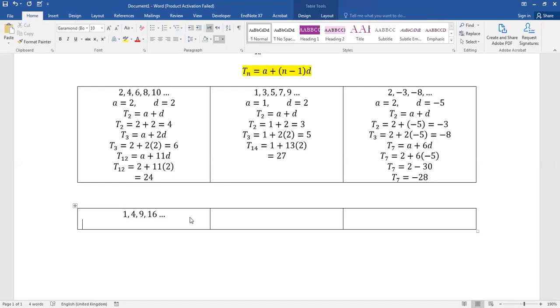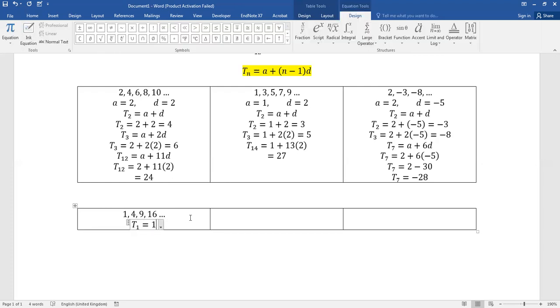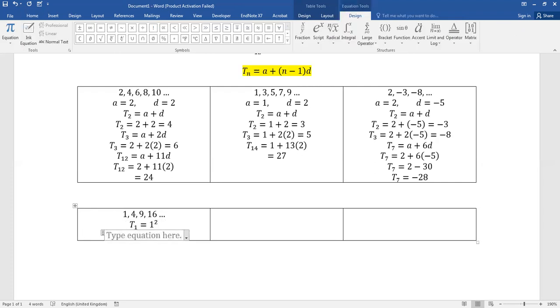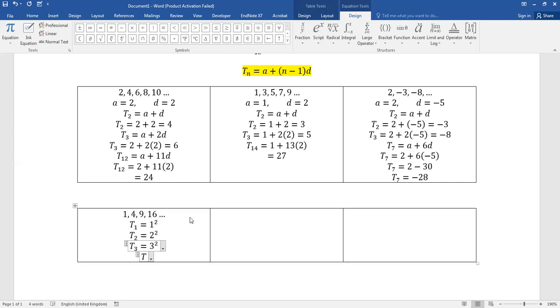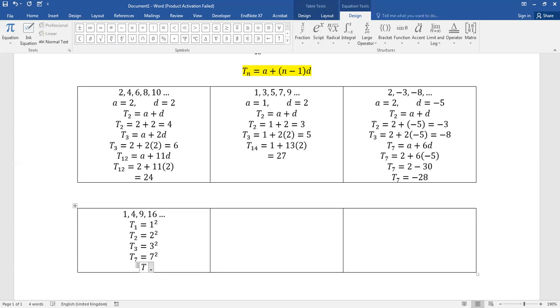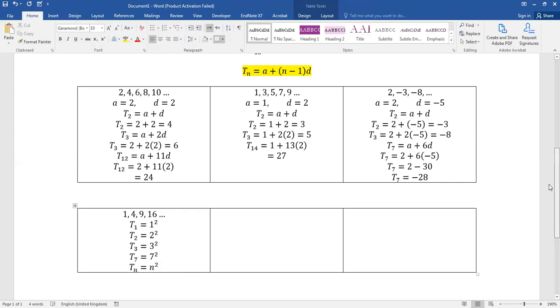So the first term is the square of 1, the second term is the square of 2, the third term is the square of 3, the seventh term is the square of 7. Similarly, the nth term will just be n square.